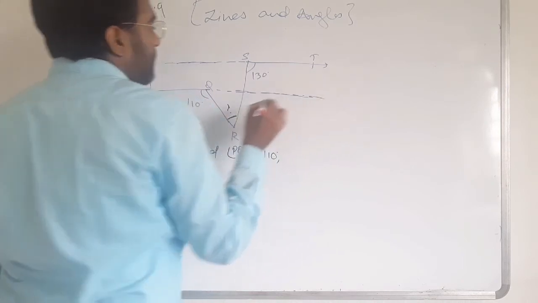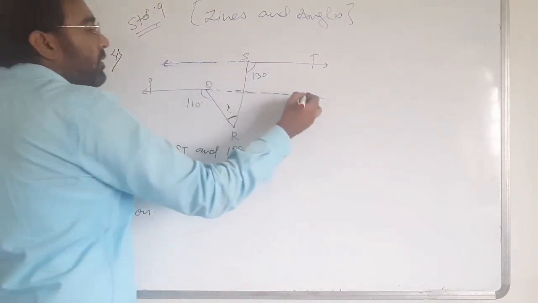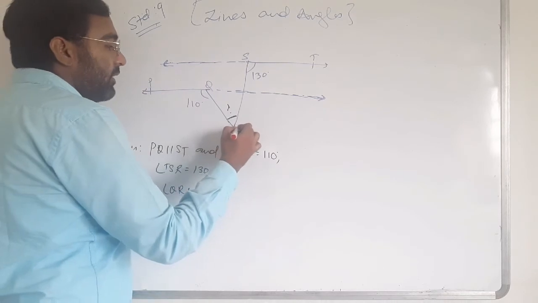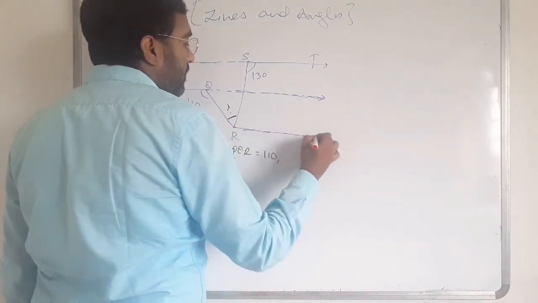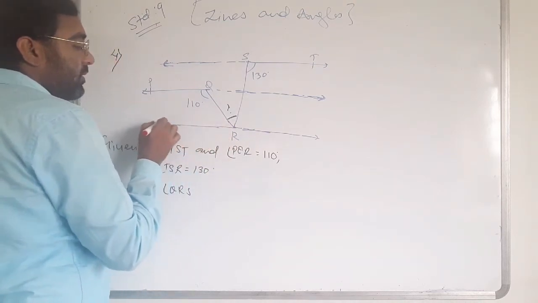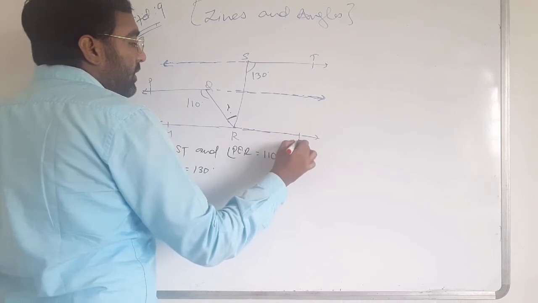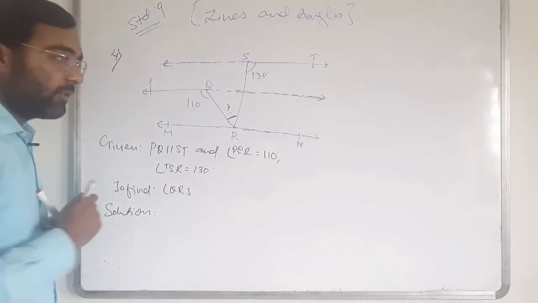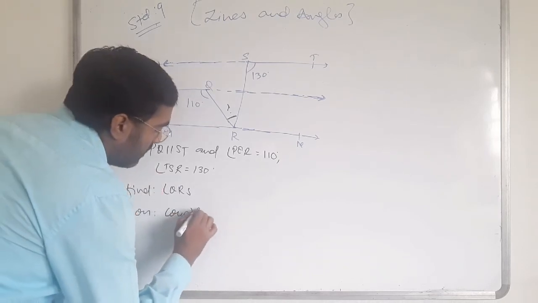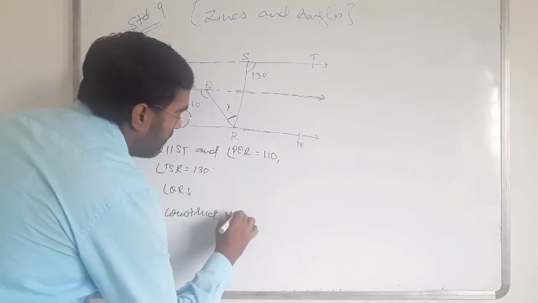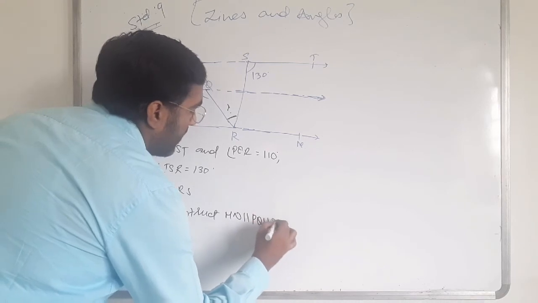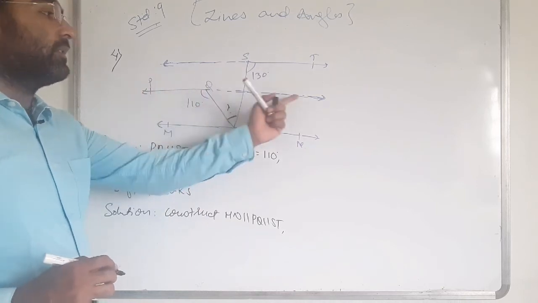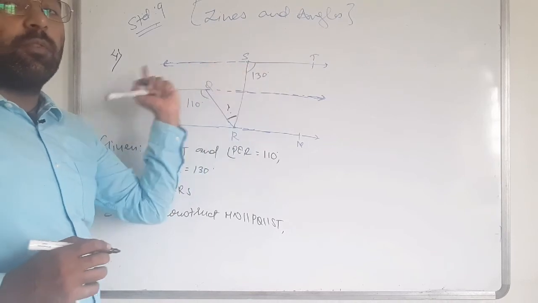And we also draw an extra line that is parallel to both of these, and I'll name it M and N. So first of all I'll write: construct MN parallel to PQ, parallel to ST. Construct MN that is parallel to PQ, this line, and parallel to ST, this line.